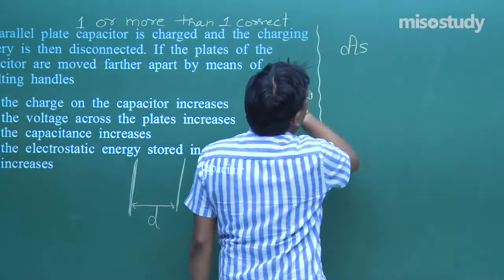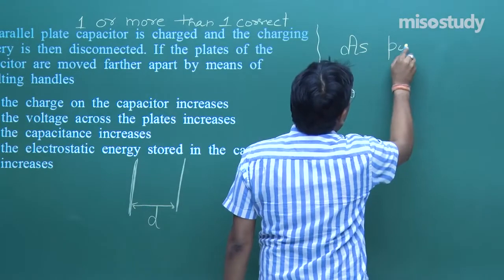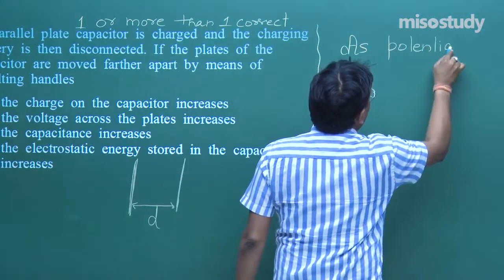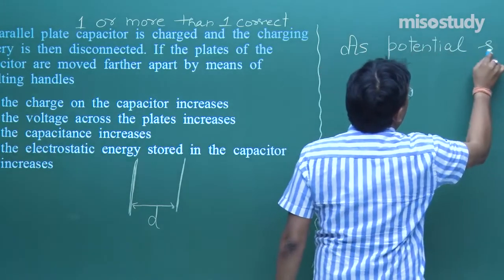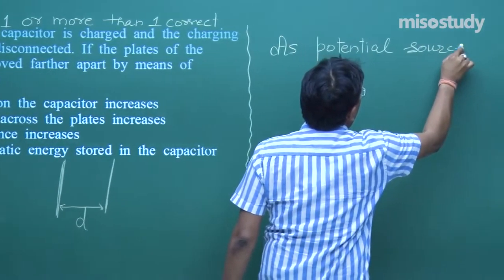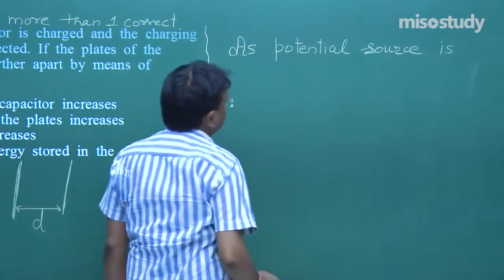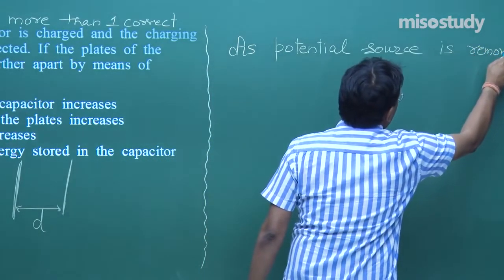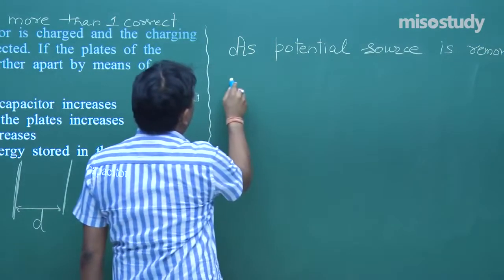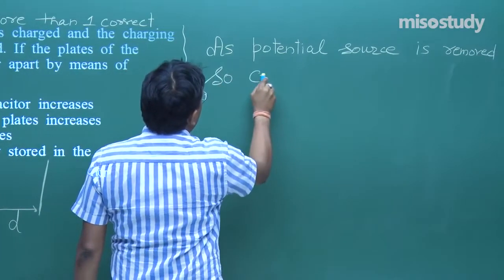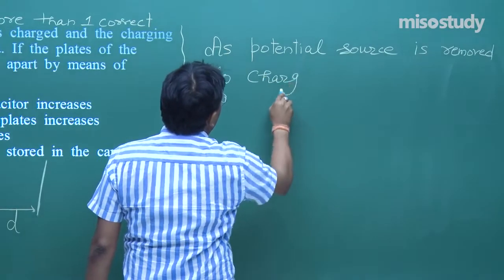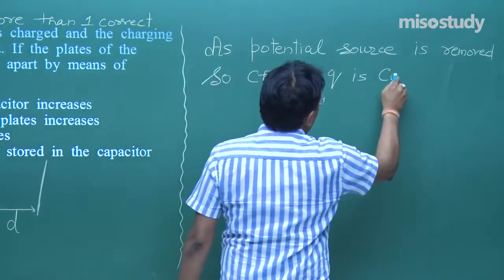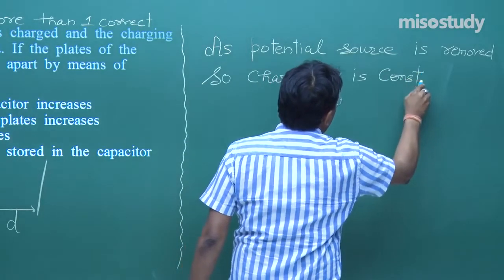As potential source, means battery, is removed, so charge Q is constant. This is first outcome.